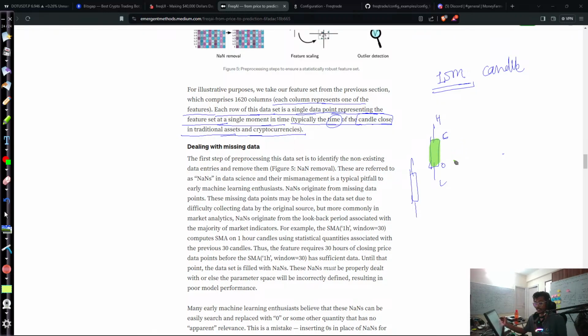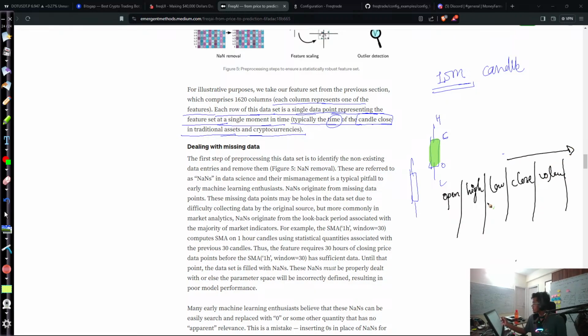If I put it in data, it will look like open, high, low, close, and then volume, and then you can expand the data set here.